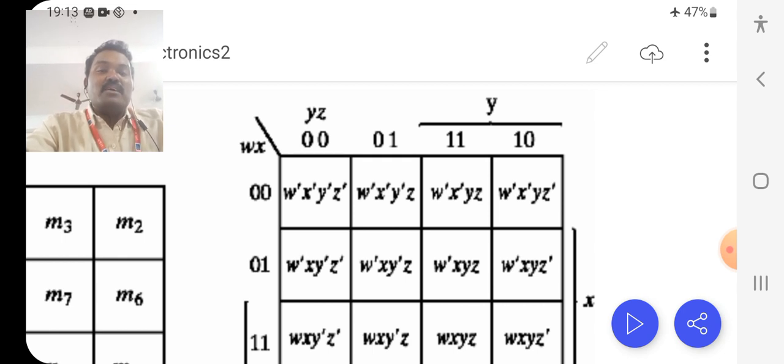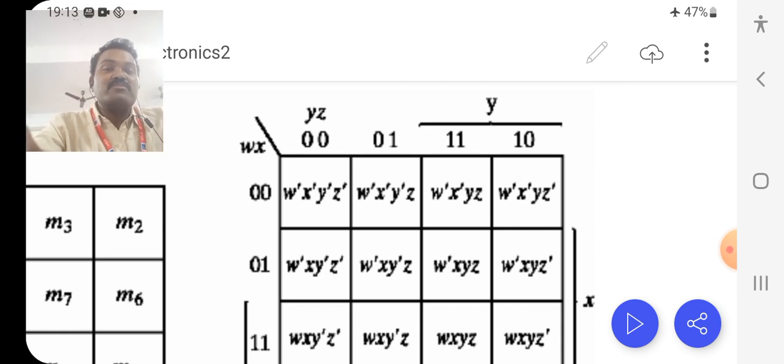I am marking W bar X bar. Now consider that particular column. The column is YZ, and the value below is 0, 0. So 0 means the inverse of this variable. Therefore inside the square box I am marking W bar, X bar, Y bar, Z bar.